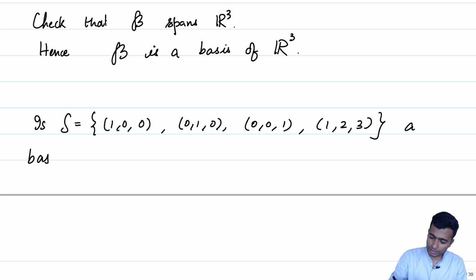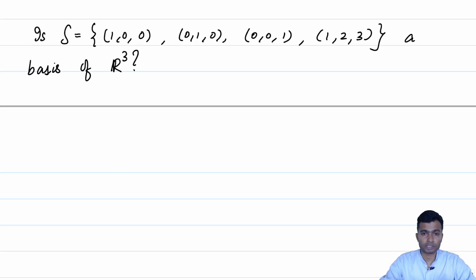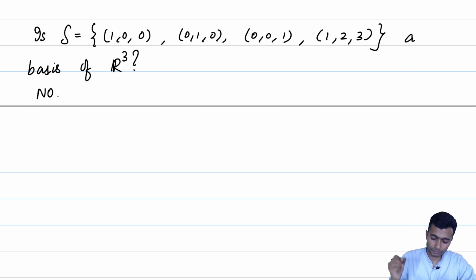Let me call it S. Is S a basis of R3? The answer is no, it cannot be, because it is not linearly independent. I will leave it as a small exercise for you to get hold of the linear dependence of the set S. So, it is linearly dependent.